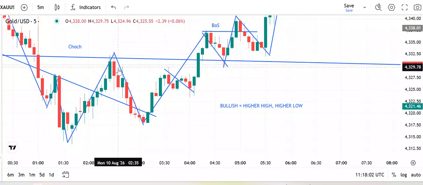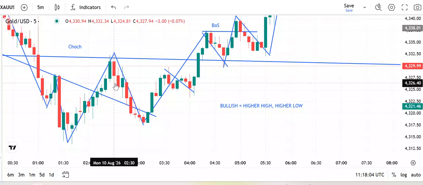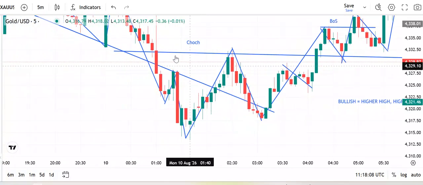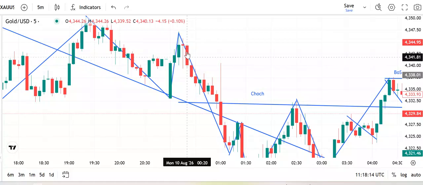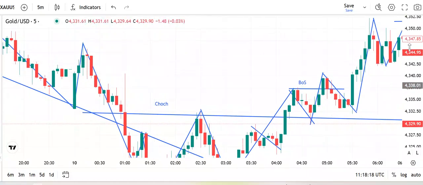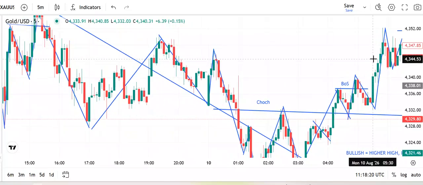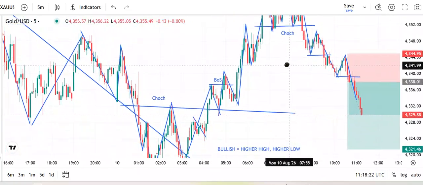First candle, second, these are consecutive bearish candles, this is your swing high. 1, 2. This is like a doji, but it's bearish, followed by a long candle. This is a swing. So that's how you identify your swings.